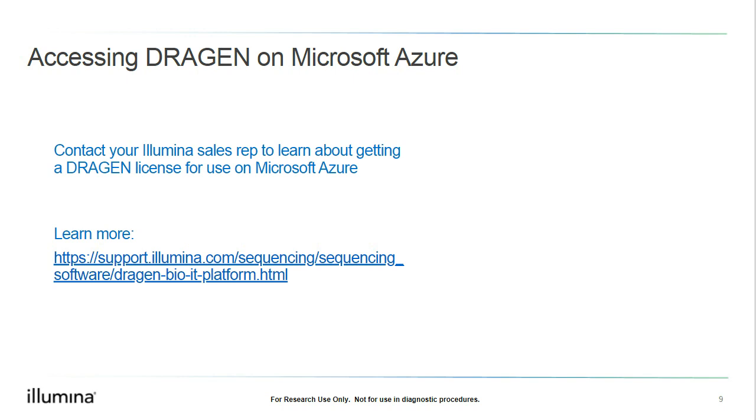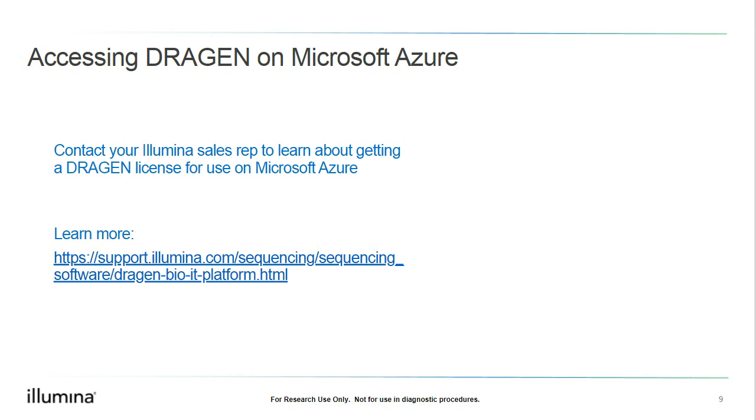There is a quick start that we have developed with the Azure team, and that will let you deploy and scale with DRAGEN if you go to Azure. So again, look up our website. There's more information on accessing Azure and also on deploying workflows there.